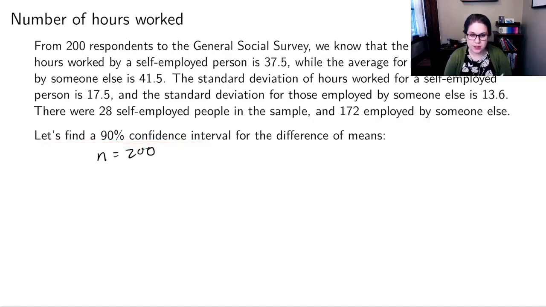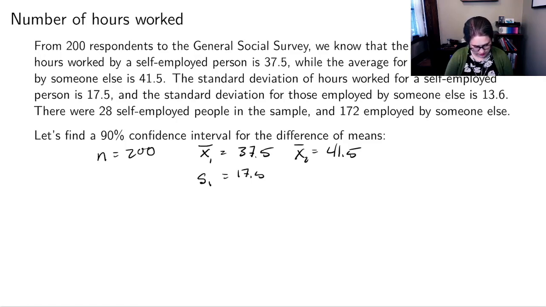So I'm going to write out some of the stuff from the paragraph in terms of notation. So I've got x bar 1, that's the mean of the first group, that's 37.5. I've got x bar 2, that's the mean of the second group, that's 41.5. Then I've got S1, the standard deviation of the first group, that's 17.5, and the standard deviation of the second group is 13.6.